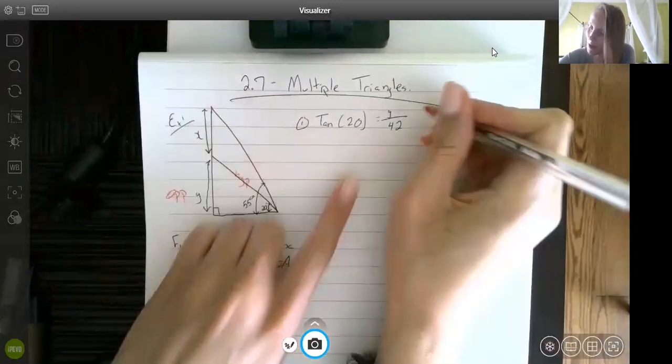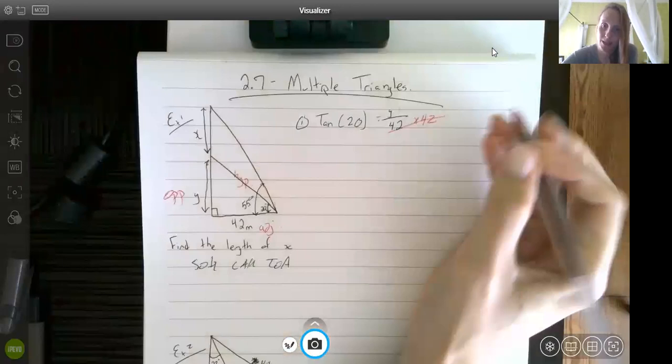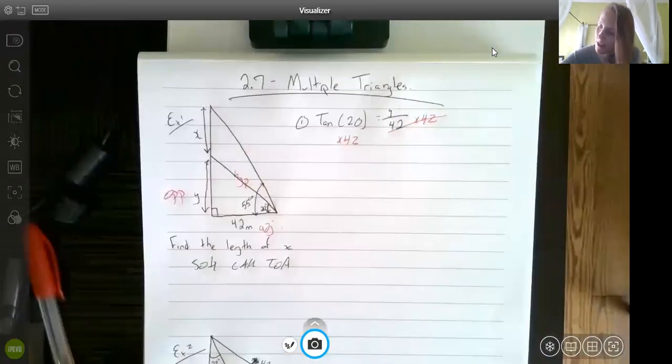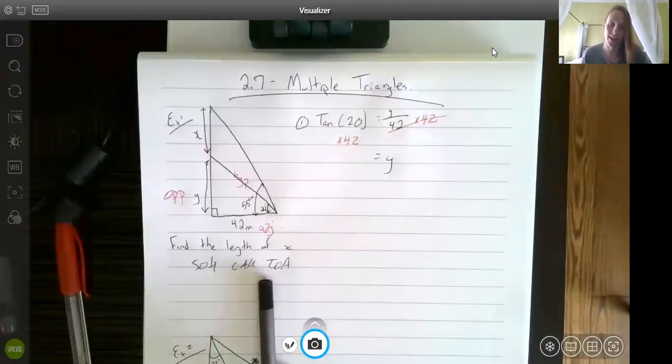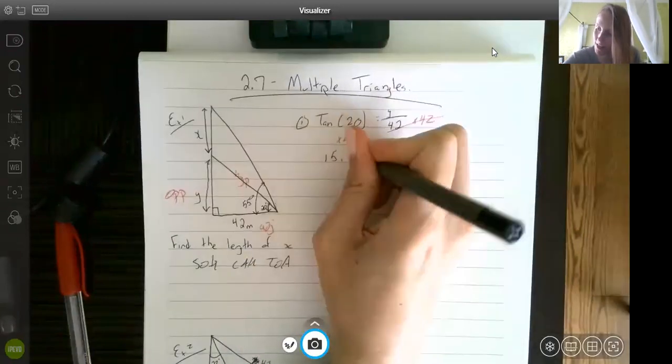So I'm going to multiply by 42. That cancels out. What I do to one side, I also need to do to the other. That leaves just y on the right-hand side. And then on the other side, I'm going to do the tan of 20 times 42. And that gives me 15.29-ish.